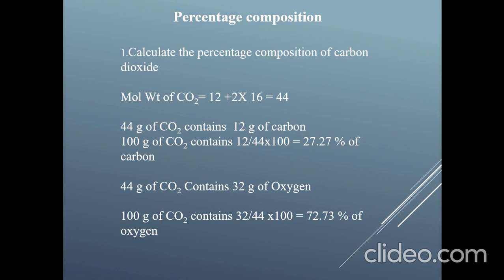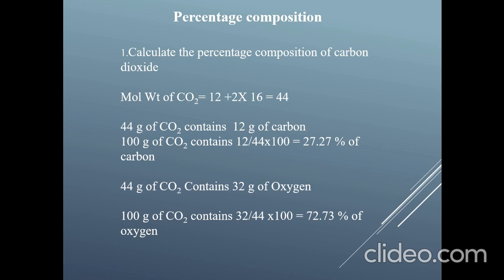To find the percentage of an element, you have to divide the mass of the element in the compound by the molecular weight or molecular mass of the compound, into 100. So percentage composition of element is mass of element in the compound divided by molecular weight of compound into 100.